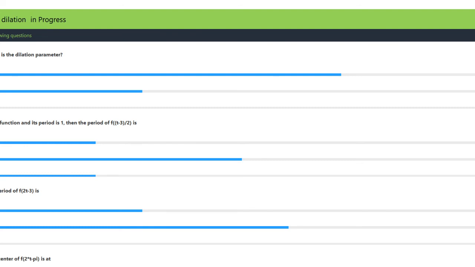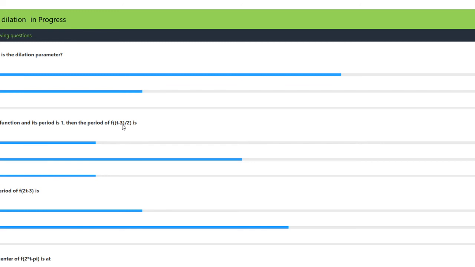So the first one: f(t) is a periodic function and its period is 1. You can see the scale is 2 and the shifting is minus 3.